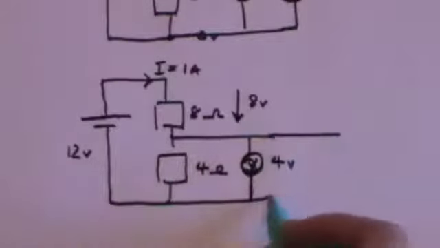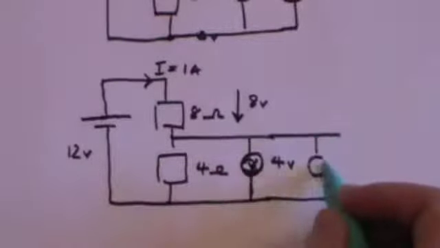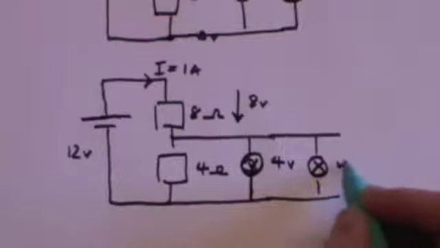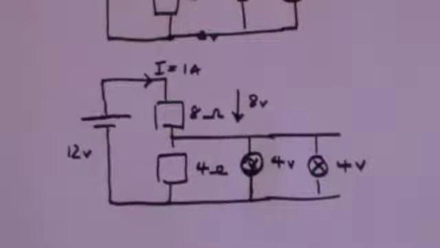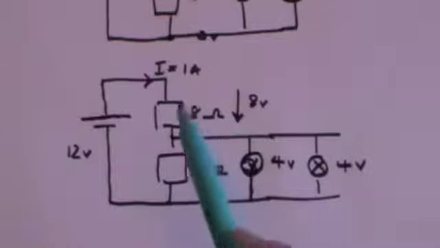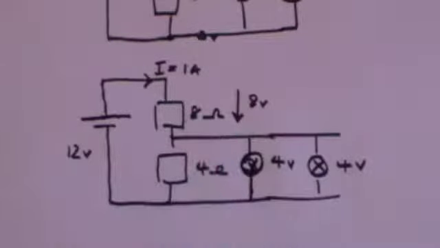And that means that you can put a 4 volt filament lamp here and it will light up. So you can get the output voltage you want by having the appropriate array of resistors. So now we better do it for the general case.